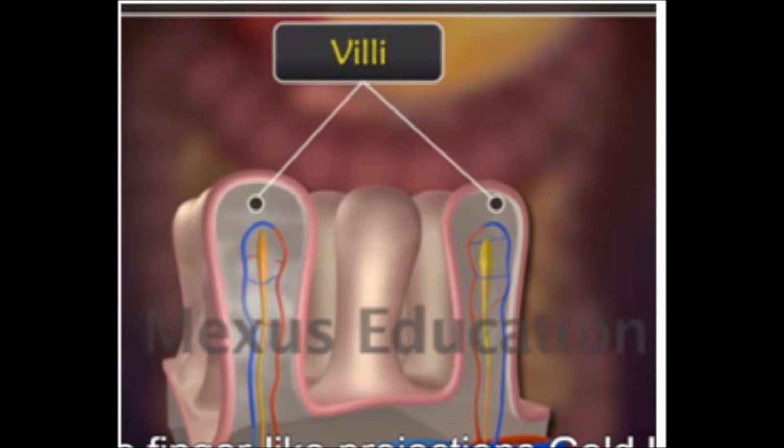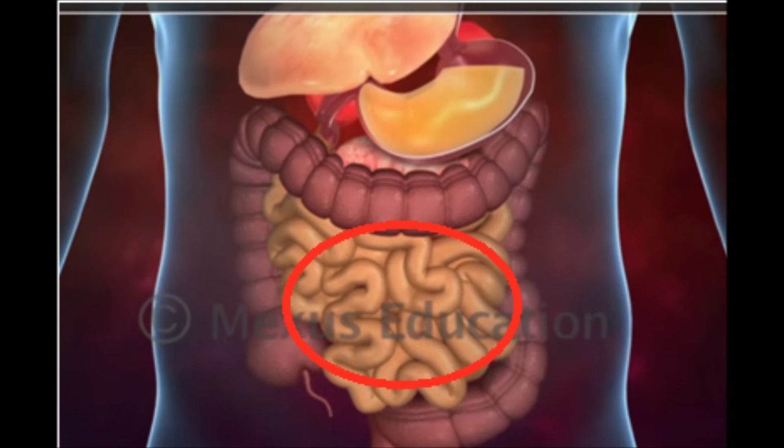All the three parts of the small intestine have tube-like glands in their walls. These glands secrete intestinal juice into the intestinal lumen. The muscles on the intestinal wall churn, knead, and crush the food, mix it with intestinal juices, and propel it towards the large intestine by contractions.